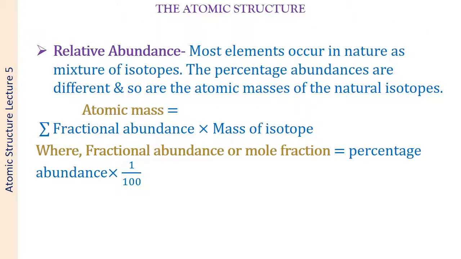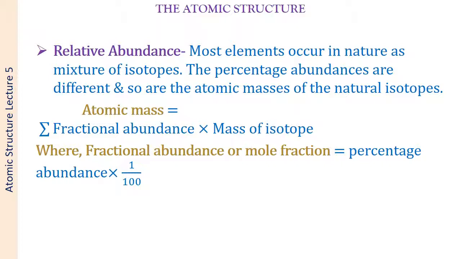Now, have you seen these terms written somewhere earlier? Yes, we have done this while we were discussing some basic concepts of chemistry, lecture number 3. What we discussed there was that the atomic masses are fractional in number. What is basically the difference between atomic mass and mass number?